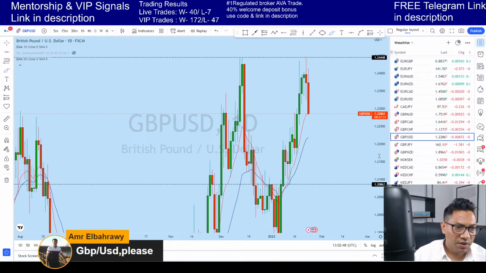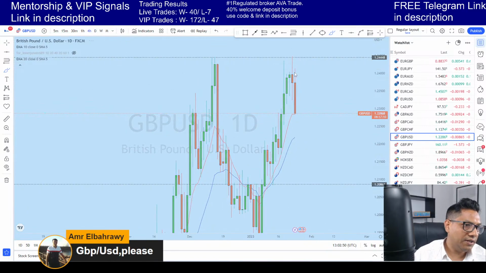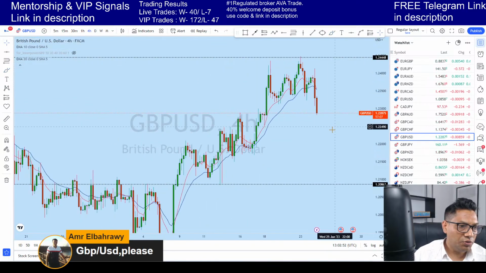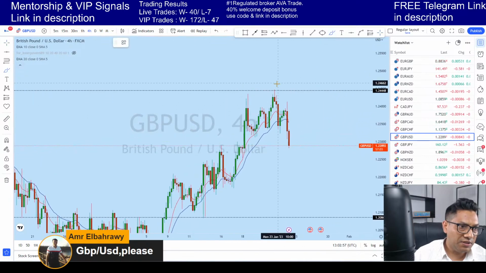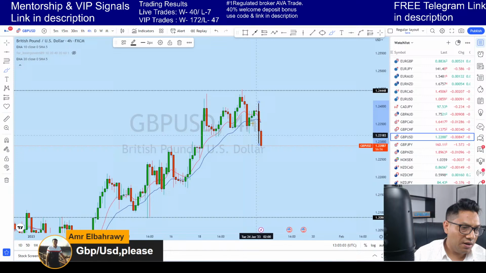So GBPUSD for the time being on the lower time frame, we might see some bearish price action. From the 4-hour perspective, a head and shoulder has been formed on GBPUSD. With that head and shoulder formation, there is a long middleman followed by a bearish candle.